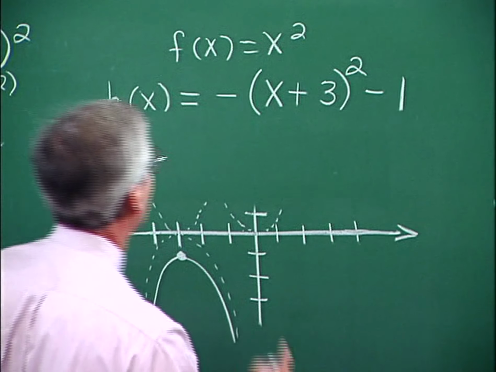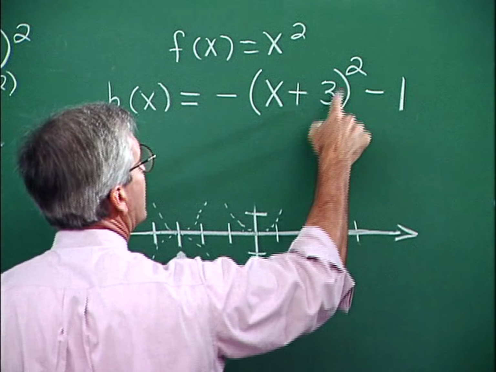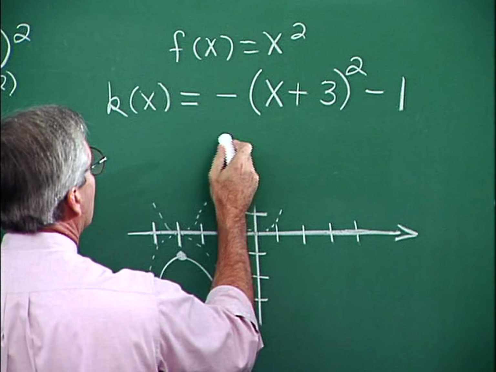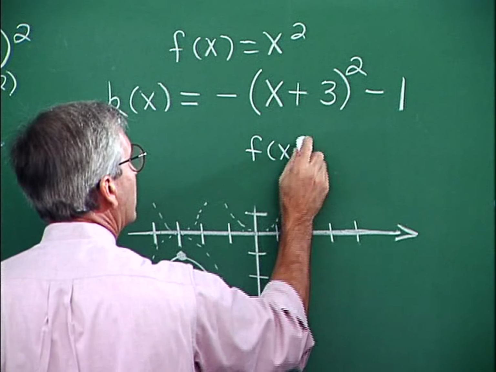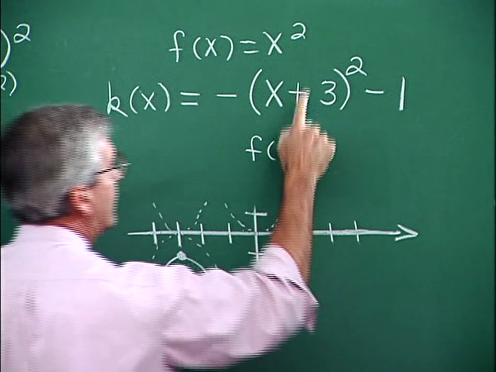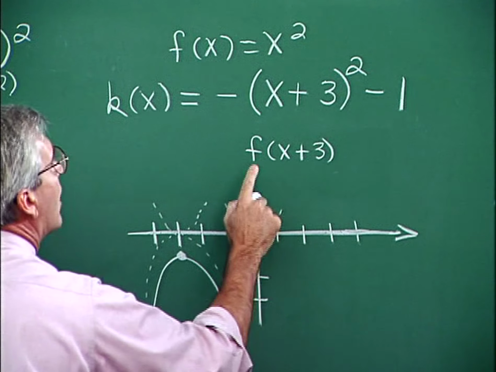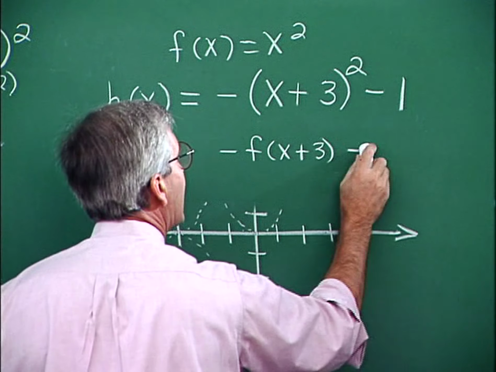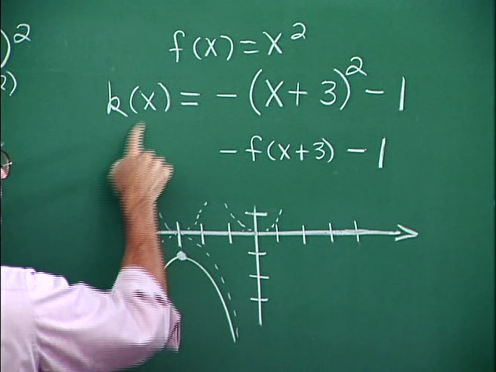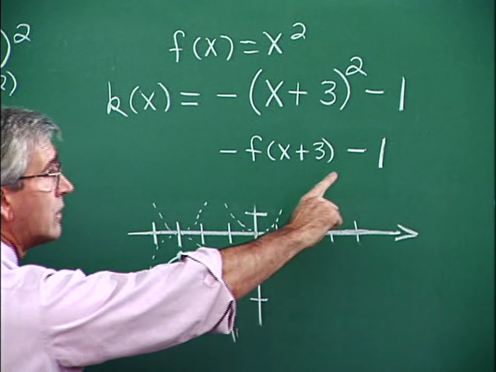When we talk about the x plus 3 being squared, that is f of x plus 3. That's the x plus 3 squared. All right, then the negative out here, and then the minus 1. So this k function is really just this, symbolically.